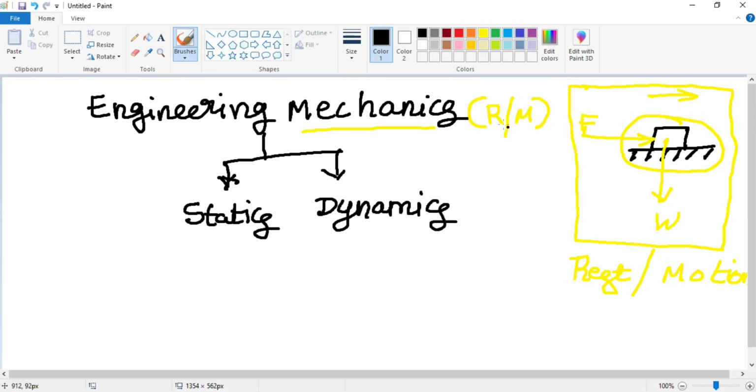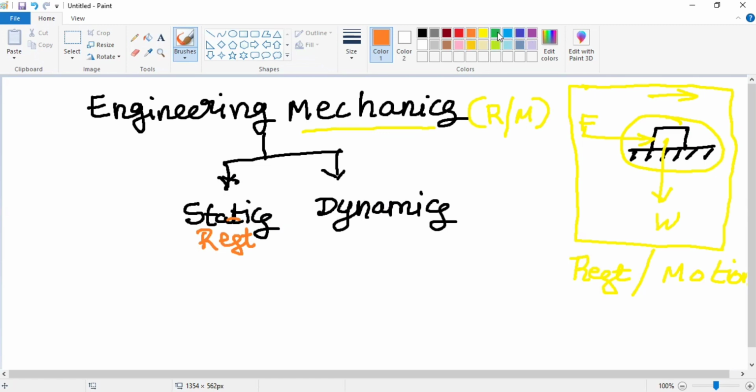If that body is in the rest condition, rest means there is no motion in the body, there is no movement in the body, that branch of science is statics.